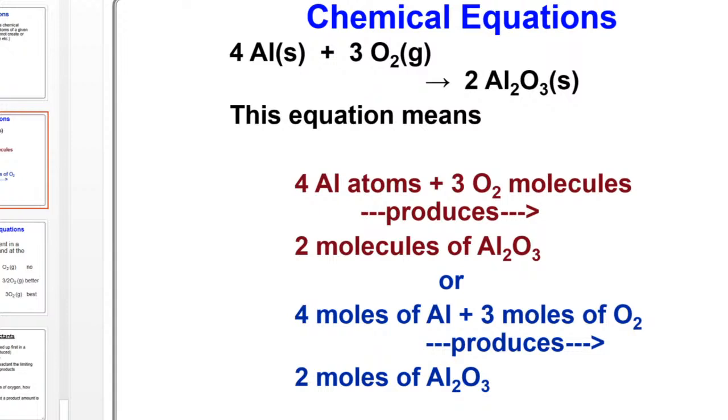There are two ways in which you can explain this equation. One would say 4 aluminium atoms are reacting with 3 oxygen molecules to produce 2 molecules of aluminium oxide. Another person would say 4 moles of aluminium are reacting with 3 moles of oxygen to produce 2 moles of aluminium oxide. Both are correct.